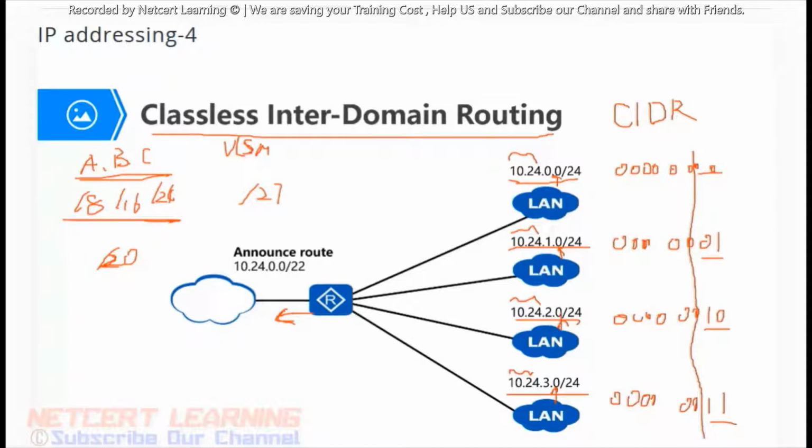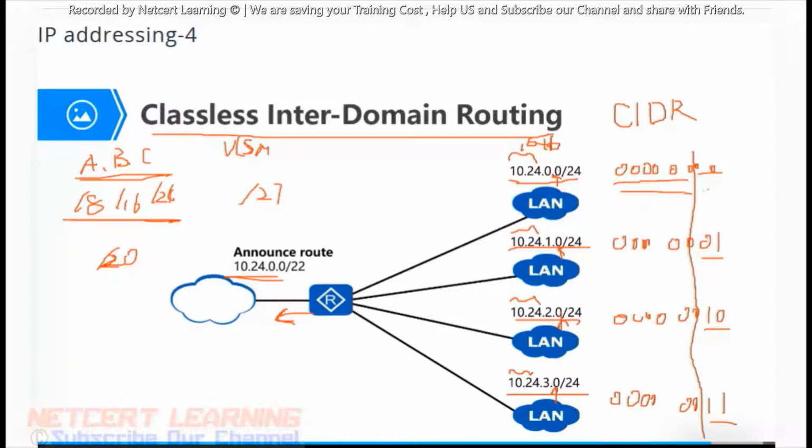Then we can summarize, sending one network mask. That means there's 16 bits is the same, and then additional 6 bits is the same, our zeros, and then others is different.